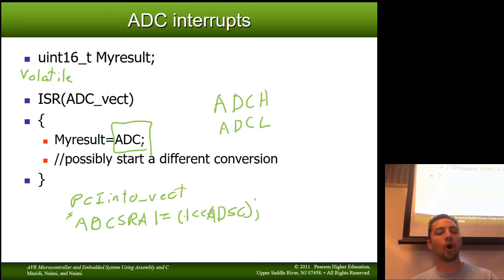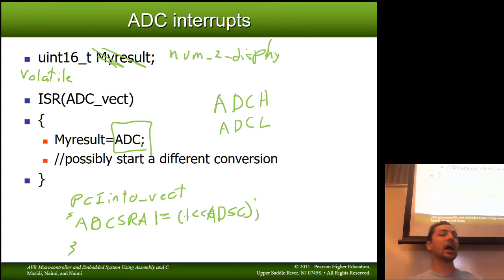And that's your whole pin change interrupt. That's all the pin change has to do is say start the analog to digital converter. Then the analog to digital converter will trigger another interrupt. And maybe instead of my result, you put it in num to display.